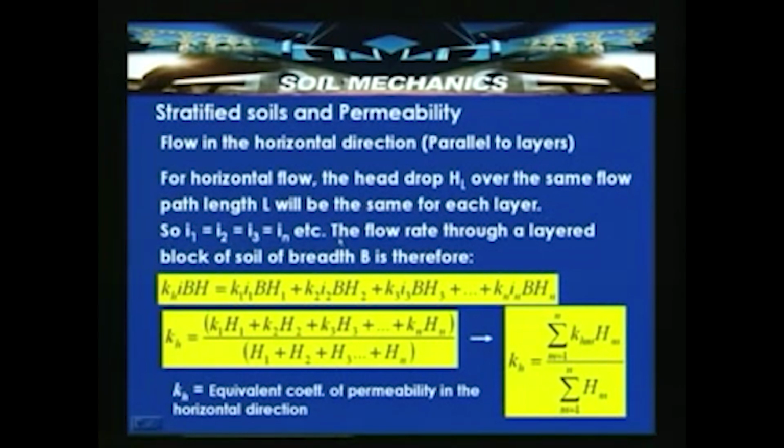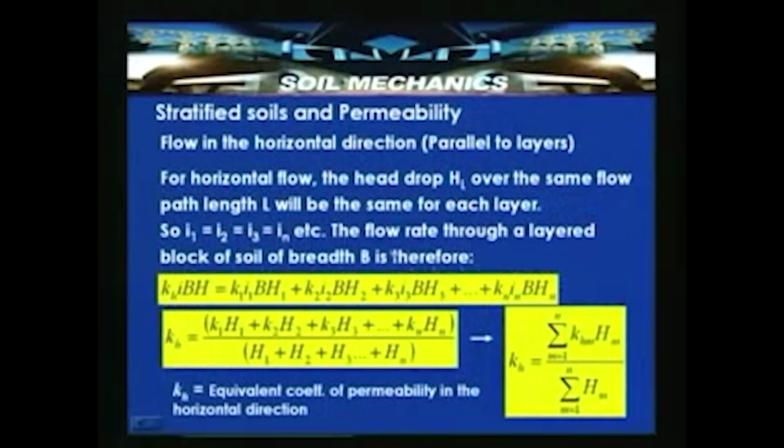So, if the head loss is the same, then the hydraulic gradient which occurred in the first layer, in the second layer, and in the last layer, that is the nth layer, can be the same. So, a condition is that I1 is equal to I2 is equal to I3 is equal to I4 is equal to In.